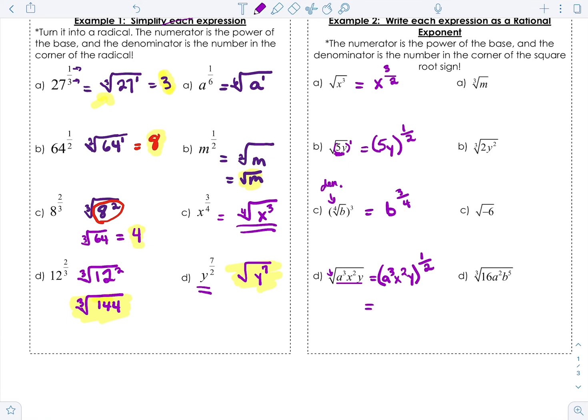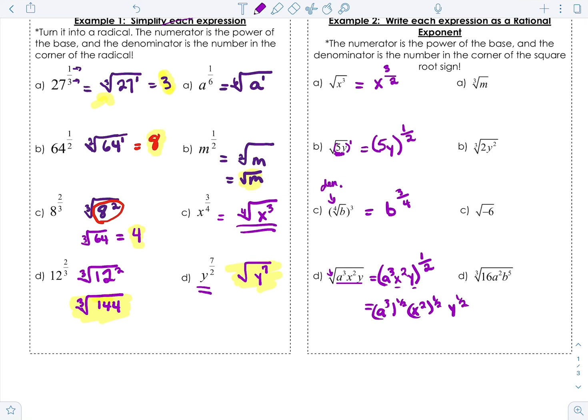And we actually could take this a step further by using a rule we learned last week and distribute that 1/2 inside to each part of this expression so that it becomes a cubed raised to the 1/2, x squared raised to the 1/2, and y raised to the 1/2.